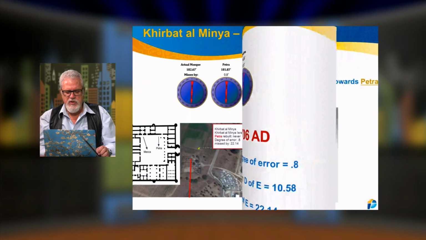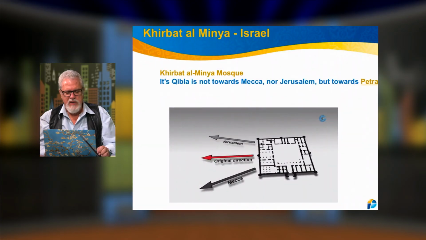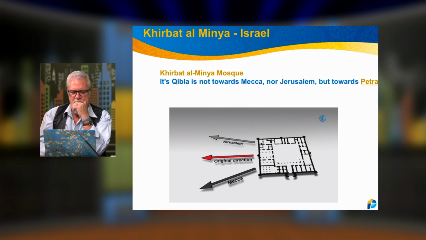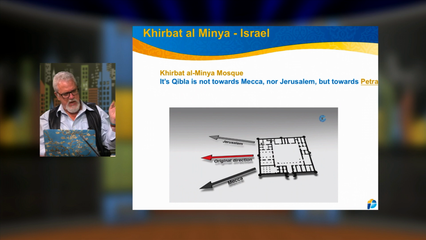Here's another picture of it, and you can see very clearly that the Petra line in red is much closer. Now I'm going to stop right here for a bit because we are up to 706. Remember what you said earlier, that the Qibla was canonized in 624. Have you noticed that every mosque up until 706 has a Qibla facing Petra?